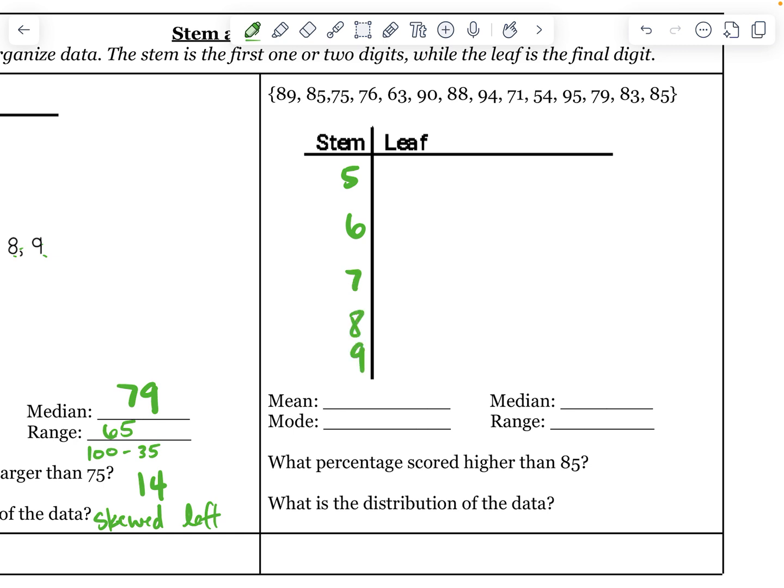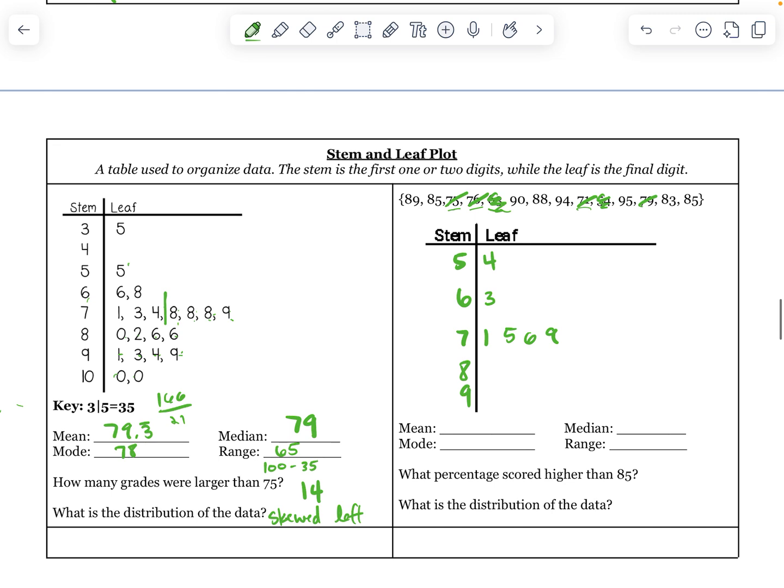The lowest number, look, there's a 63, a 54. Now I can work my 70s. So 75, 76, 71, 75, 76, 79. All right, we see what we got going here. I think we're okay. Keep going, finish that, find all this information.